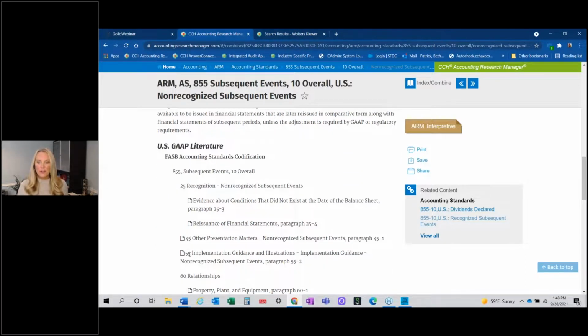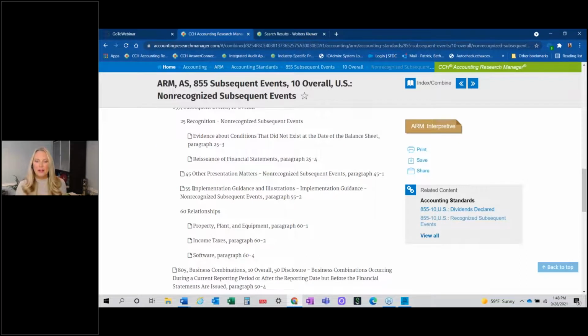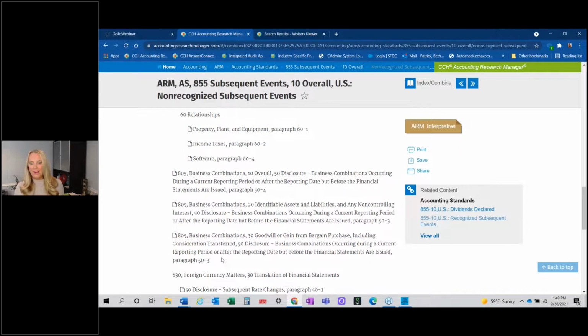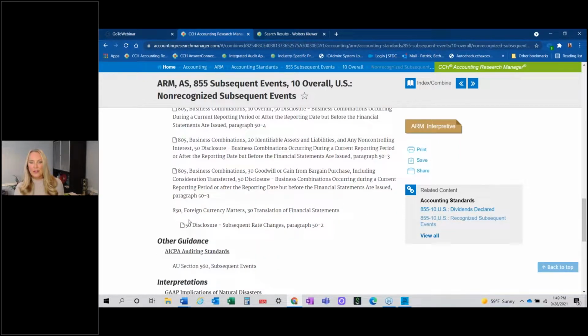We'll make sure that you see that information, and you just click on these little white paper links. That'll take you specifically to that authoritative guidance. It looks like there's an illustration that the FASB provided. We could click on that. We're showing you that information. It looks like 805, there's some 830 in here. So anything that might be related is pulled together. When you do a keyword search, that's on you to go through and find that.